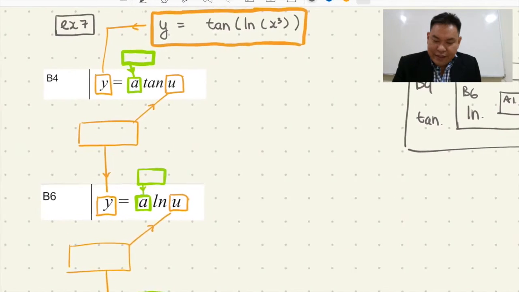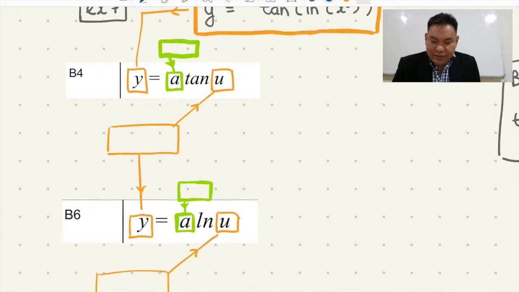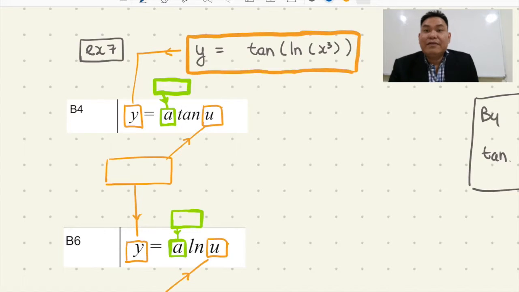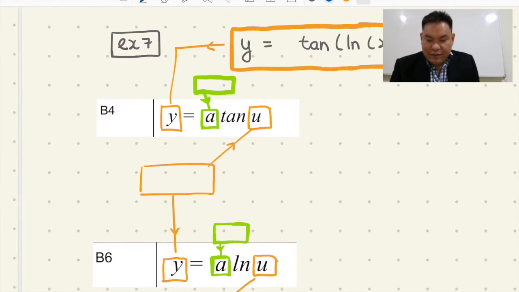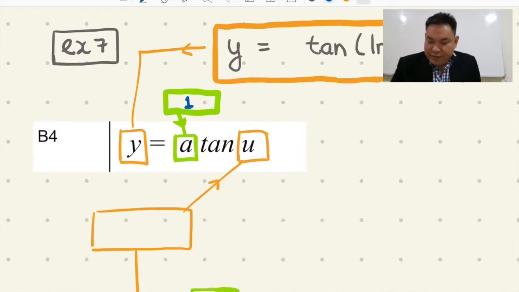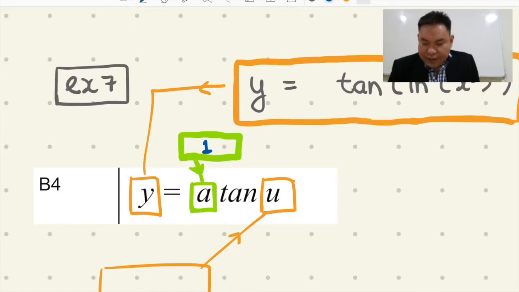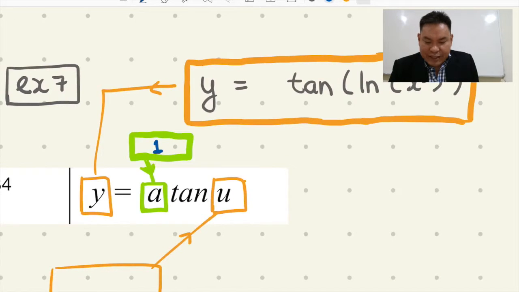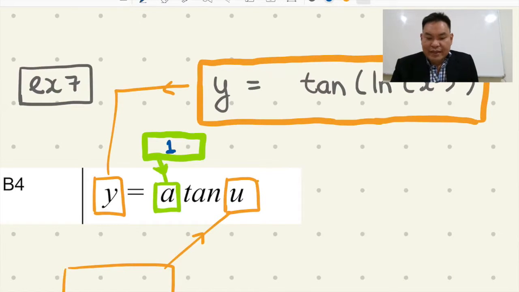Now we try to put values and expressions inside these formulas. When you apply formula B4 to the question, in this case a will be 1, because you're comparing y equals tangent ln x cubed with y equals a tangent u.